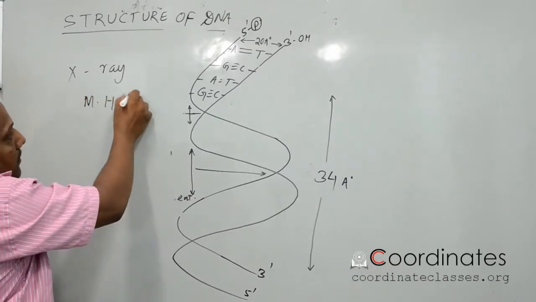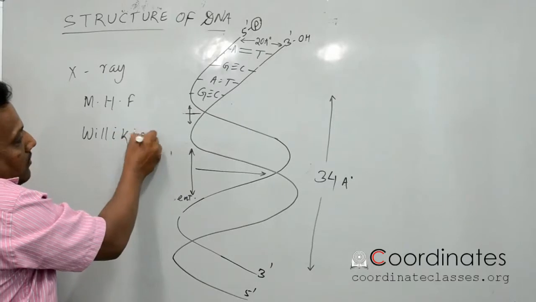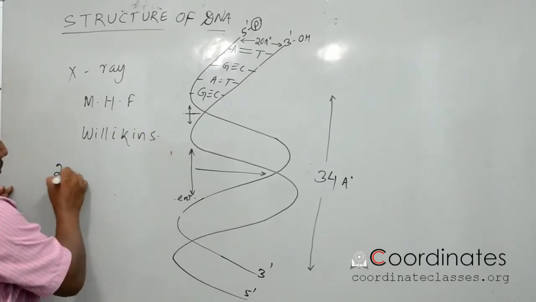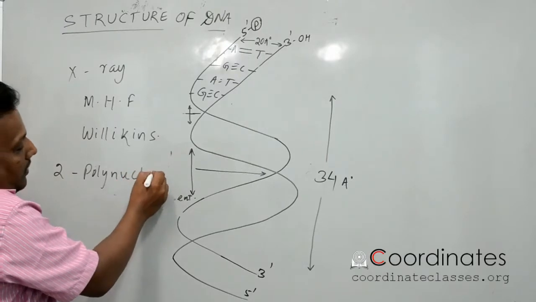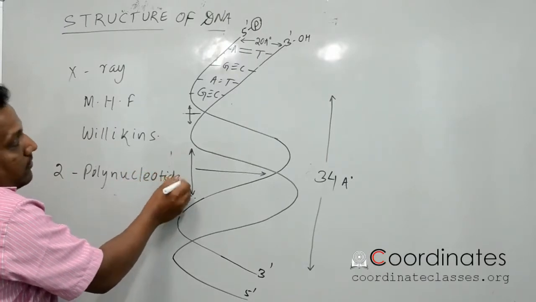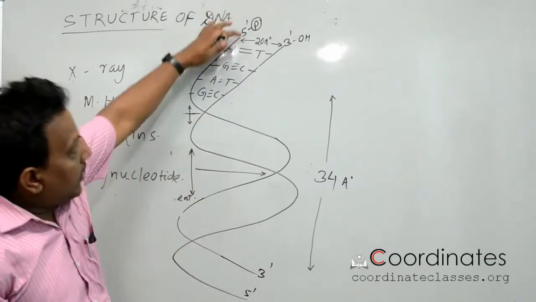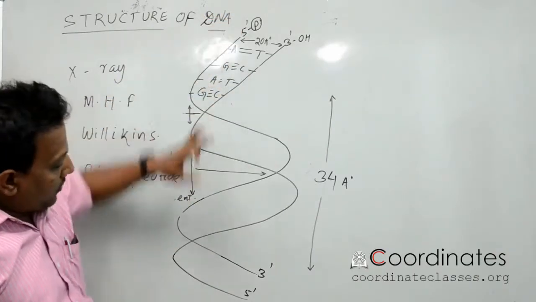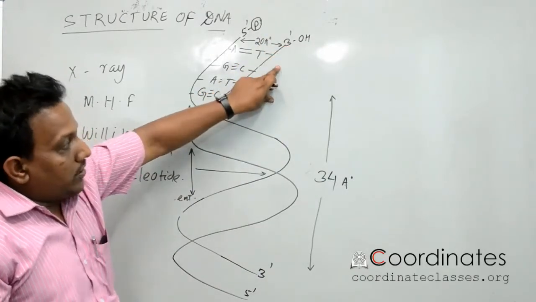M.H.F. Wilkins. According to this structure, DNA consists of two polynucleotide chains which are anti-parallel to each other. Now, if you see these two strands, one strand runs in 5' to 3' direction, the other strand runs opposite to it.